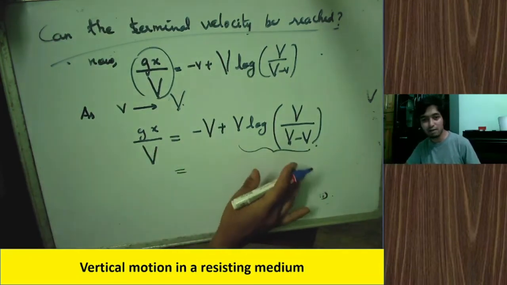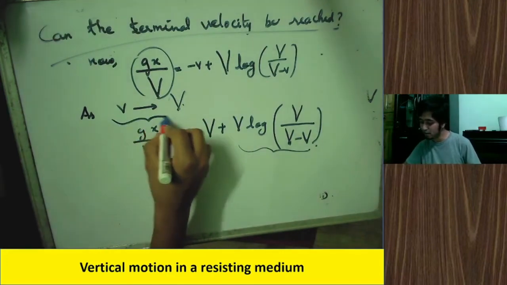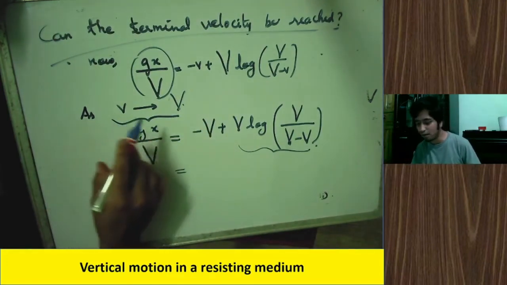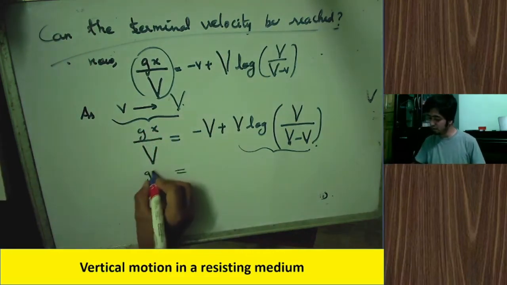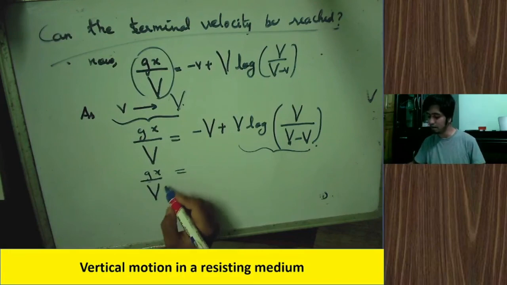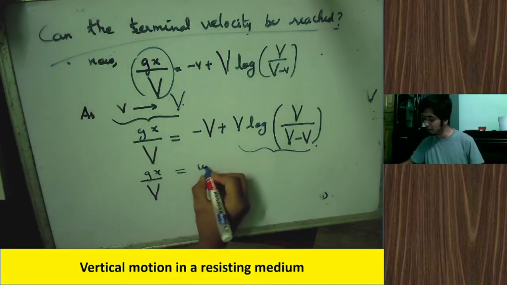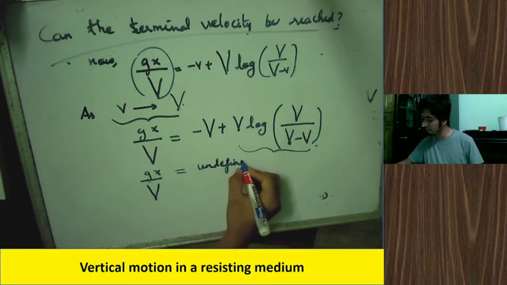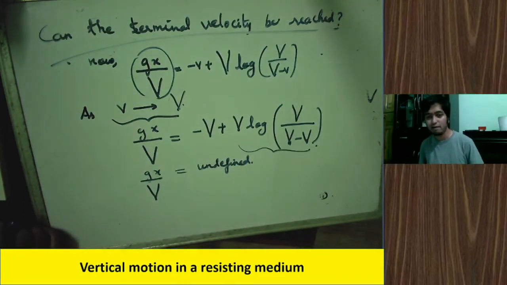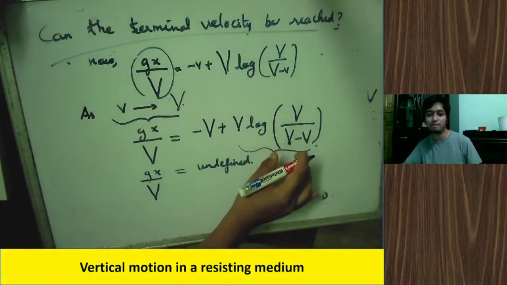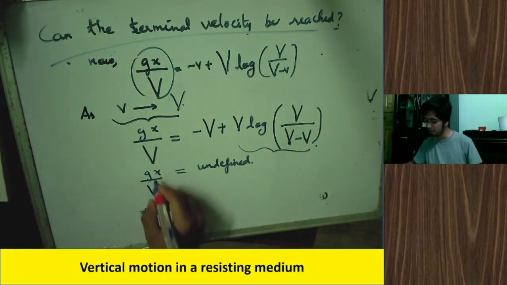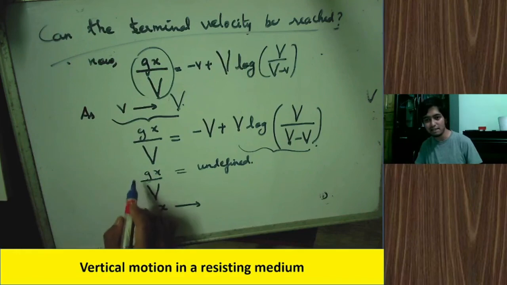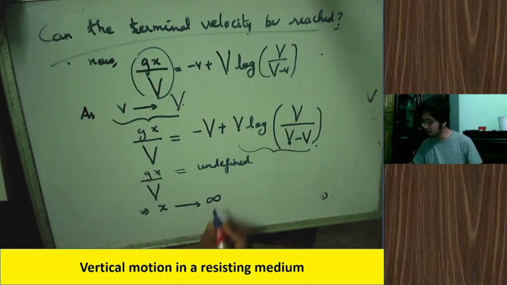It is undefined because the velocity approaches the terminal velocity. So gx by v will be undefined, or will approach infinity. Because V and g are constant, we can say that x approaches infinity.